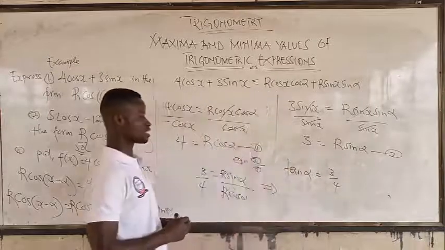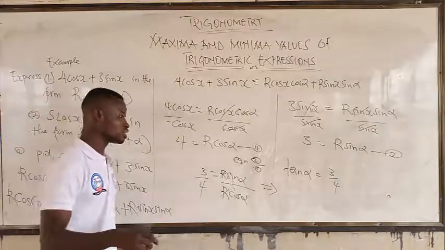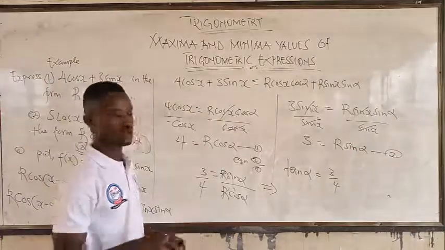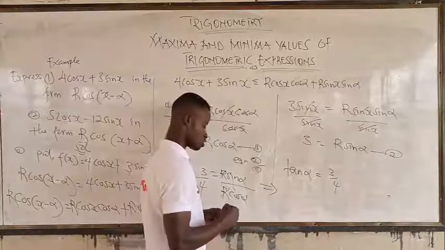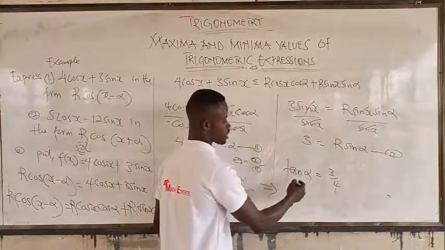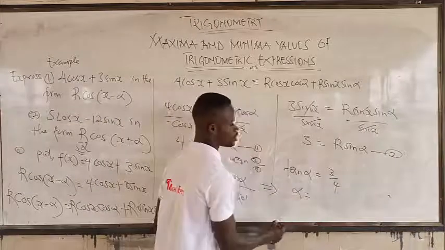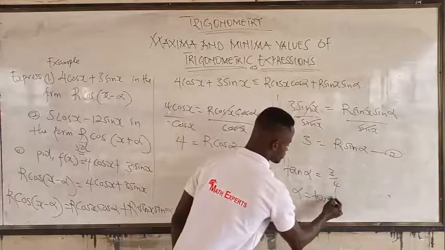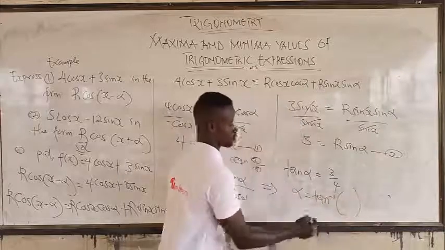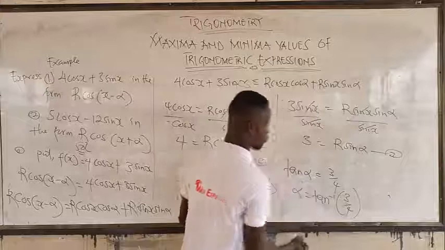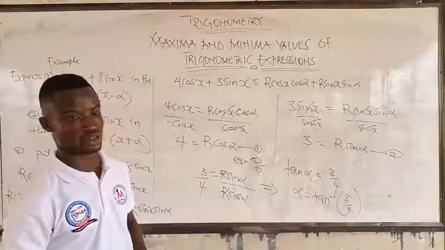So you can see now here, the A and the B are known. So here, alpha will be equal to tan inverse of 3 over 4.